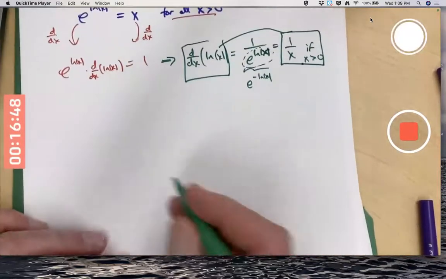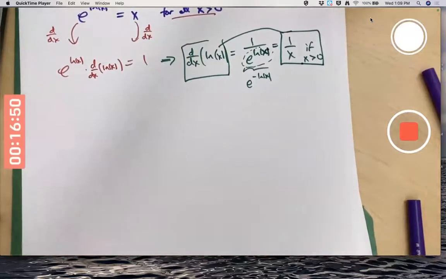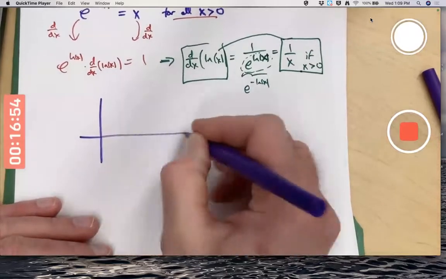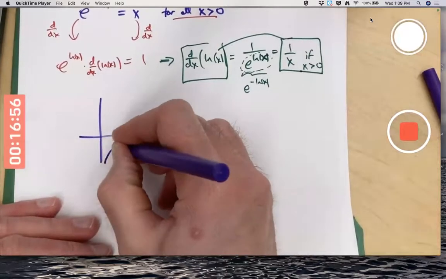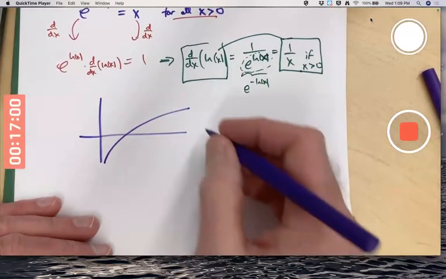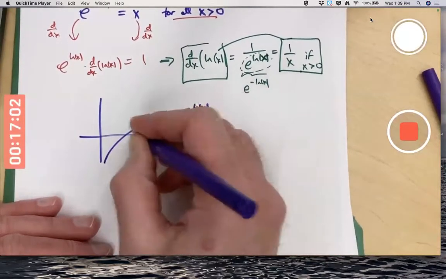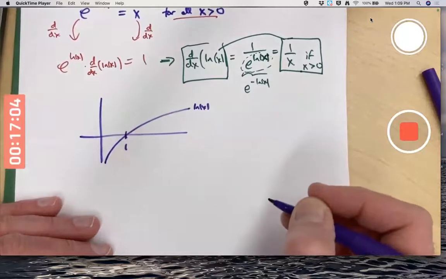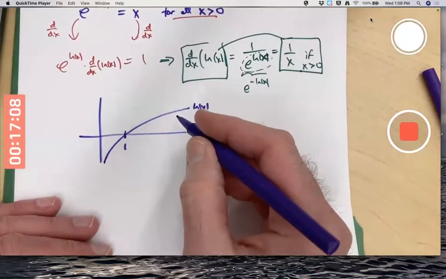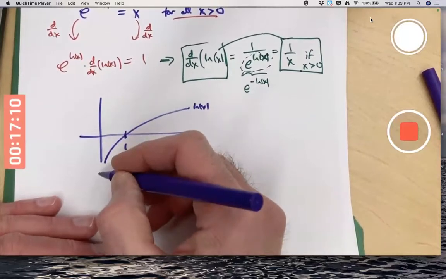And it should make intuitive sense when you think about the graphs. The graph of natural log of x, I hope you remember, looks about like that. You should remember that. Increasing, concave down, it's got a vertical asymptote at x equals 0.